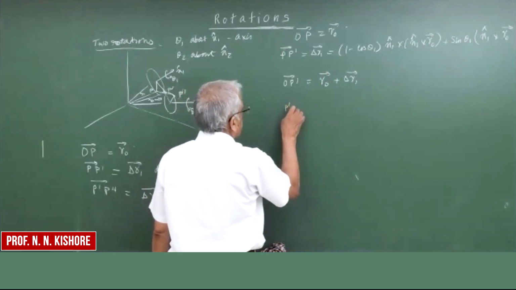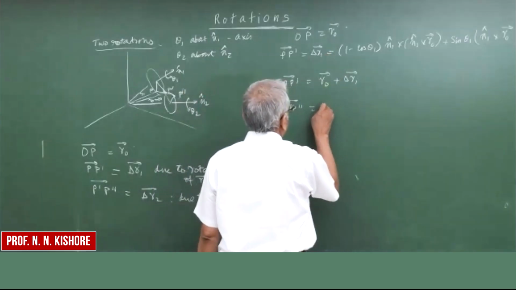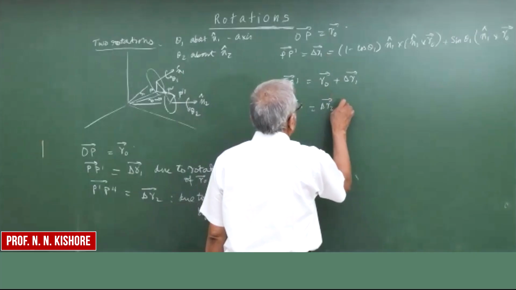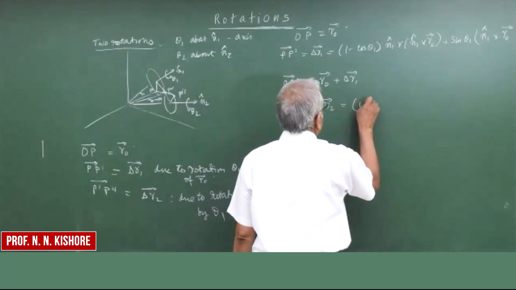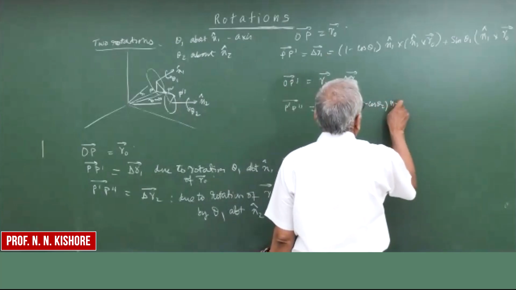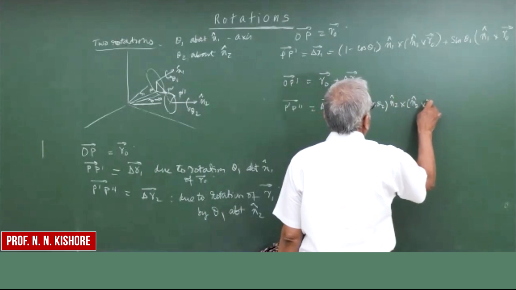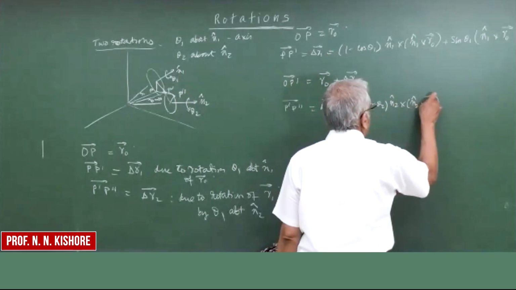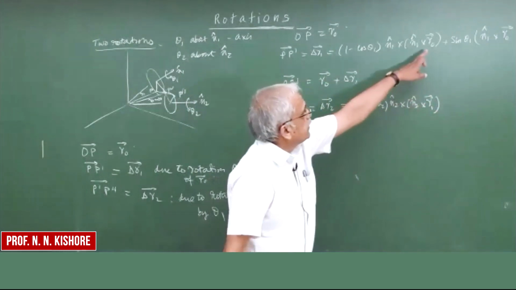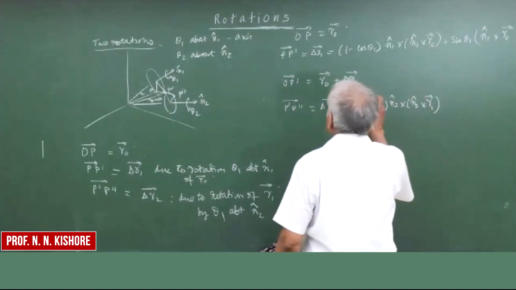Now P prime to P double prime is the same thing. We call it delta R2, which is 1 minus cos theta 2 N2 cross N2 cross R1. Be careful: earlier it was R0, now it is R1, the updated vector.